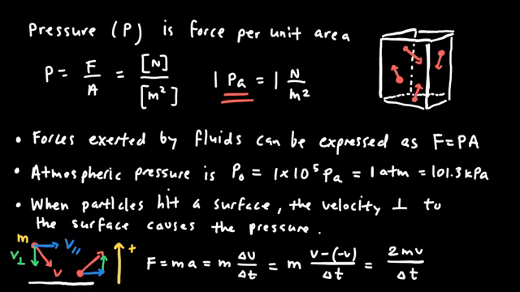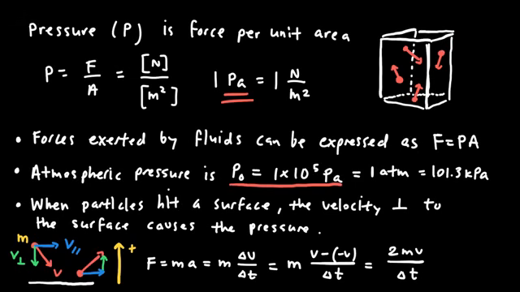Similarly to expressing the mass of a fluid as its density times its volume, the force exerted by a fluid could be expressed as the pressure it exerts over the area, so the pressure times the area. At sea level, the atmosphere exerts a certain pressure, and that pressure is typically represented with the symbol P naught, or at least it is on our equation sheet.